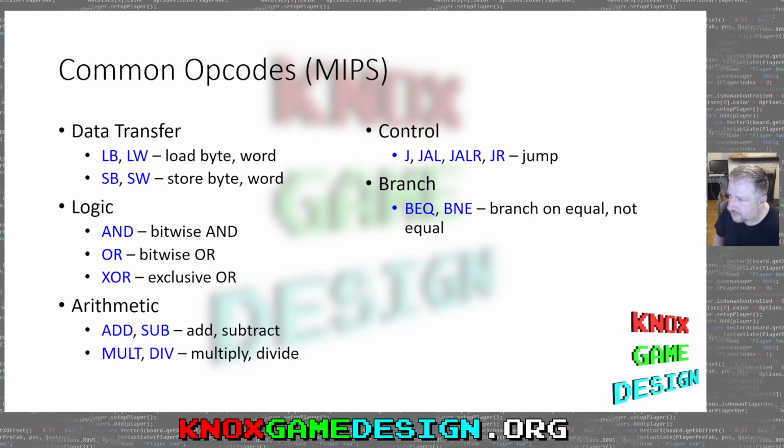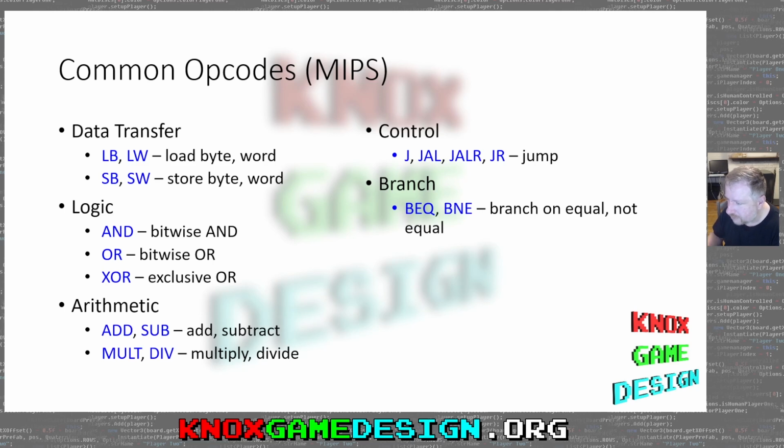So in MIPS, it is possible to have 2-letter opcodes, where in 6502, everything was pretty much a 3-letter opcode. I don't know why that is, but maybe it made it easier for parsing if you know all your opcodes are 3 characters long. But in MIPS, you can have 2 or even 4-letter opcodes, as we'll see in the control statements.